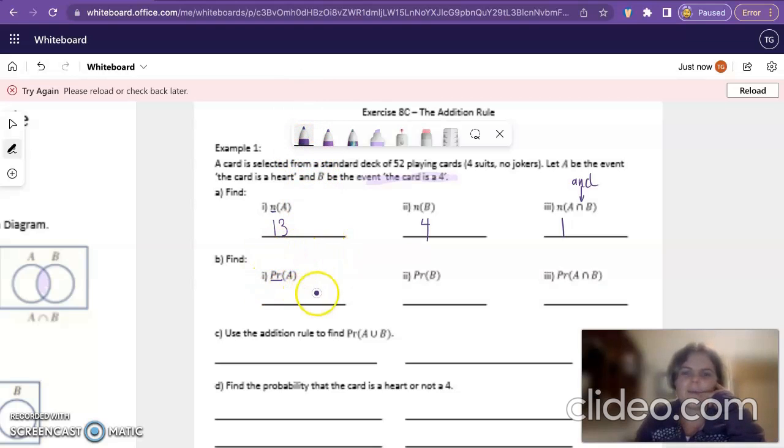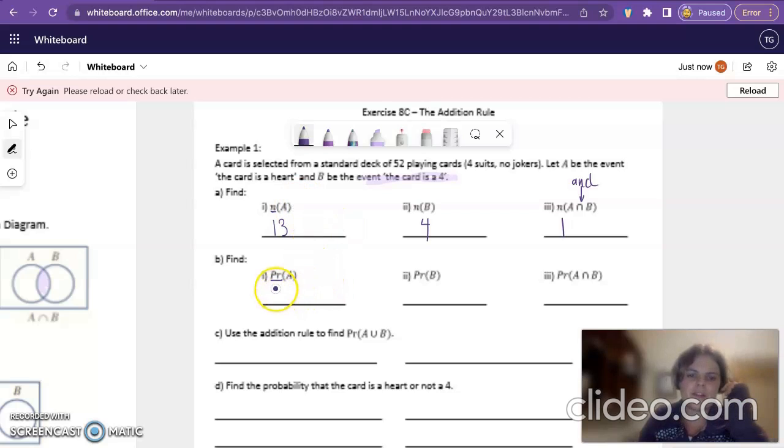Now, the probability of getting an event A, the card is a heart. There's 13 hearts in the deck of cards. So the deck is split into 4 suits, spades, clubs, diamonds, hearts.